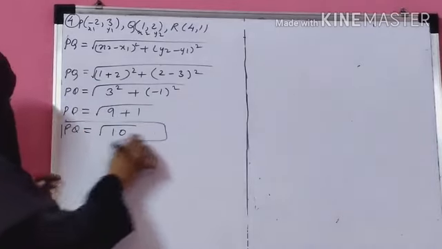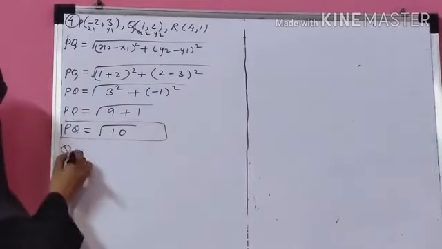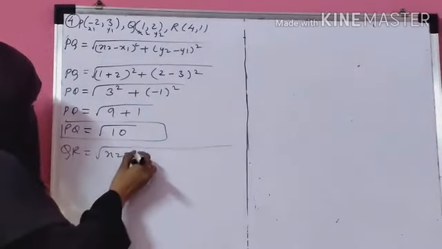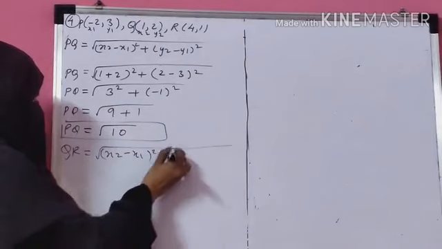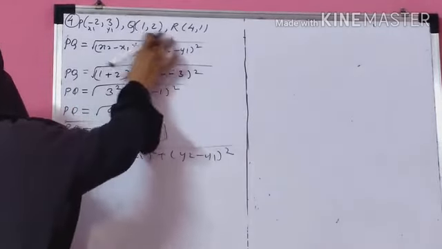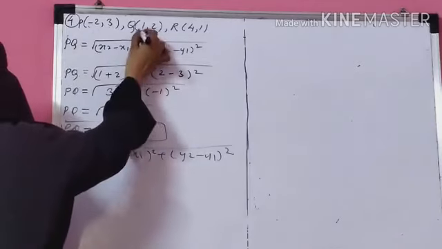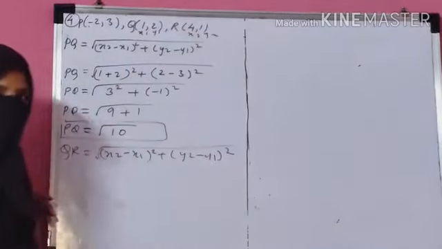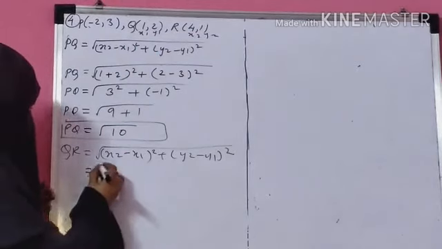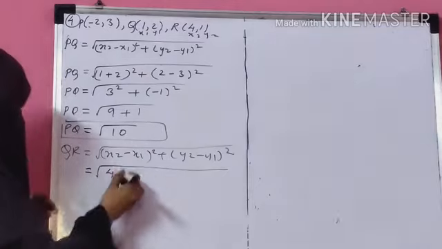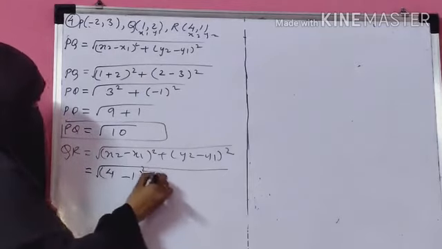Next QR. Now apply the formula again. Square root of x2 minus x1 whole bracket square plus y2 minus y1 whole bracket square. For QR, this point is x1 y1, this point is x2 y2. Substitute the values. X2 here 4 minus x1 is 1 whole bracket square.